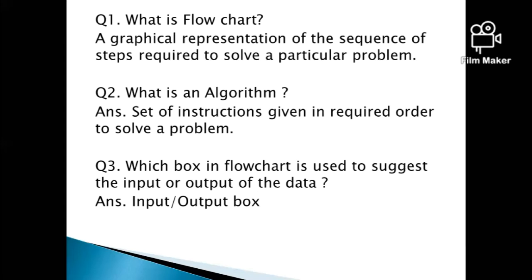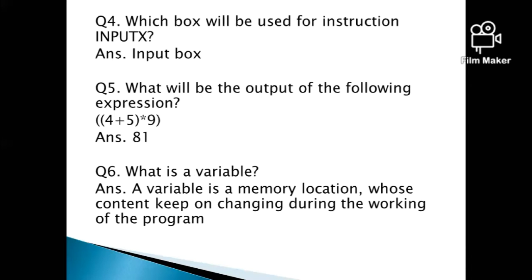The next question is, which box will be used for instruction input X? As the question suggested, we have to give the instruction to the computer. So we have to use input box. Okay, some boxes are like processing box, decision box, and flow lines we have in flowchart.